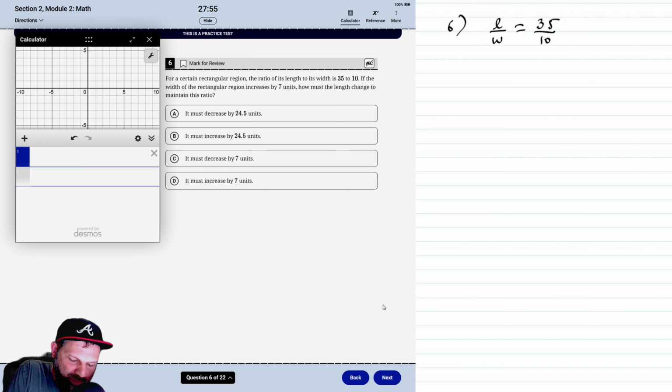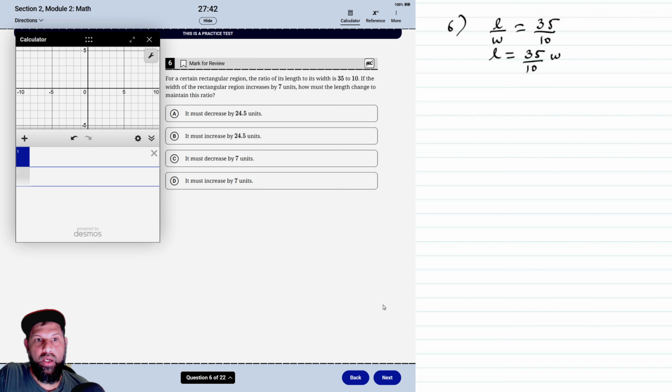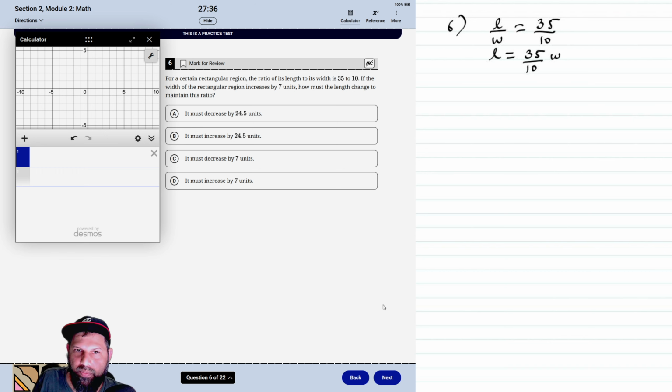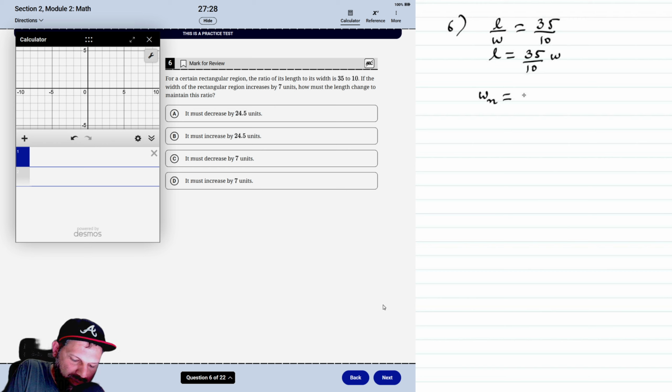Okay, which means that the length is 35 over 10 times the width. Okay, that's important. And so the new width, if the width of the rectangular region increases by 7 units, let's call the new width, which has increased by 7, Wn, and that's going to be equal to the original width plus 7.